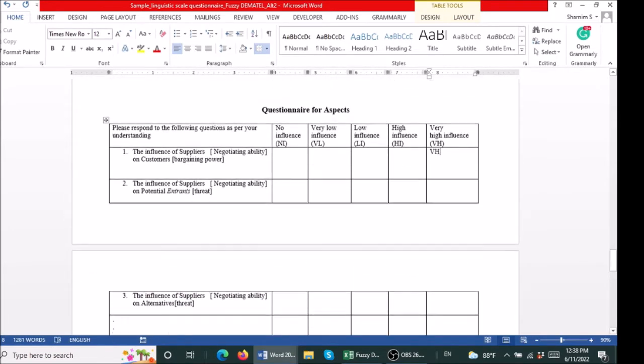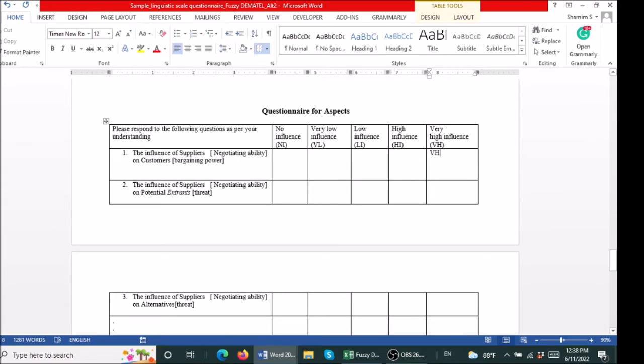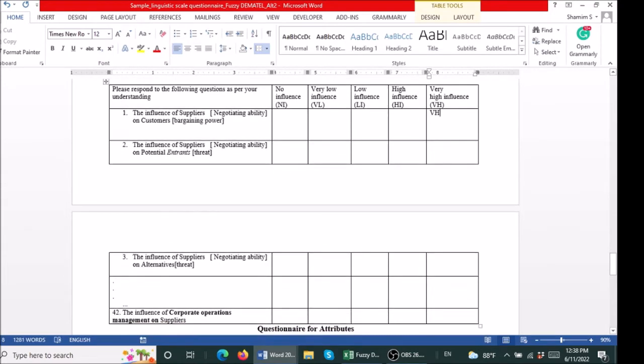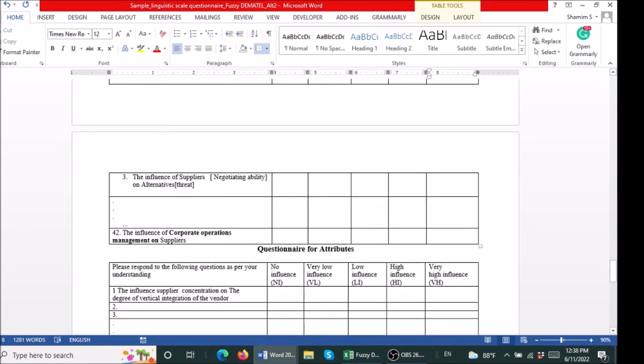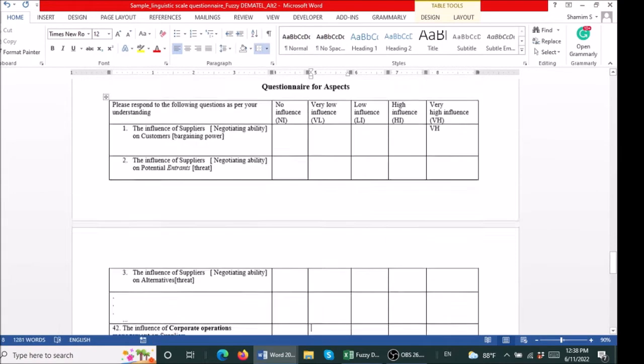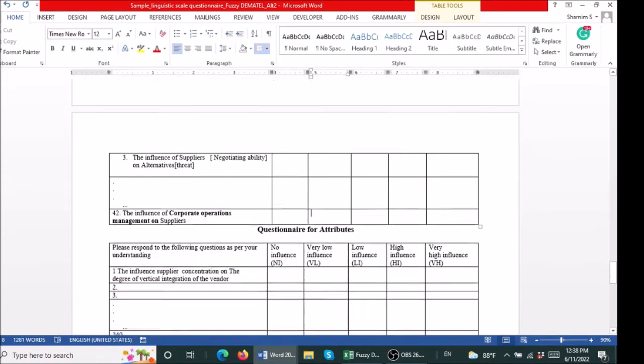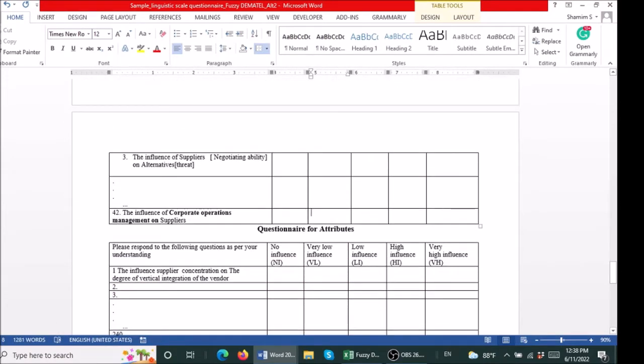So this way we arrange the rest of the relations in this format, and finally the 42nd question here, the influence of corporate operations on suppliers. So if anybody finds it is, say, very low, you will put very low.